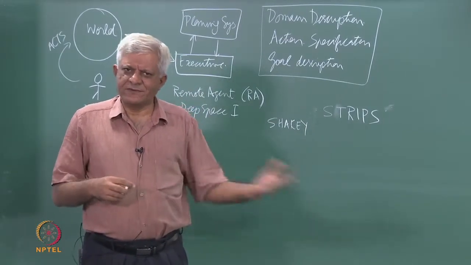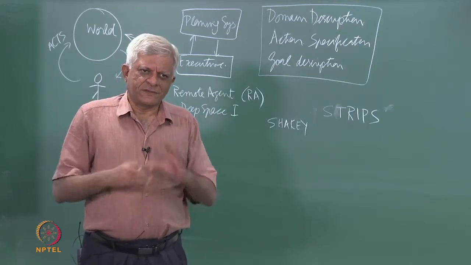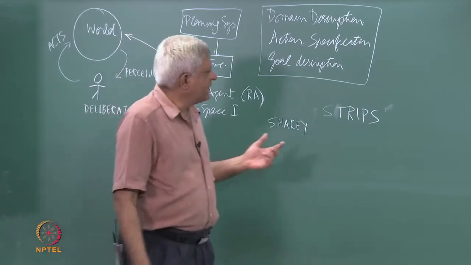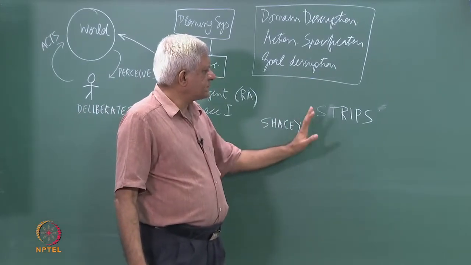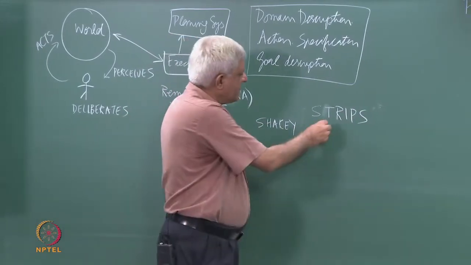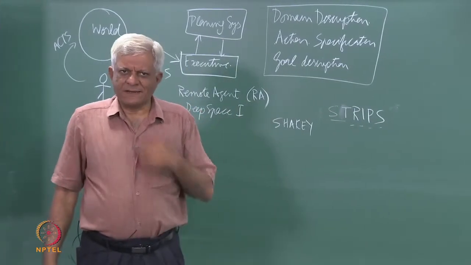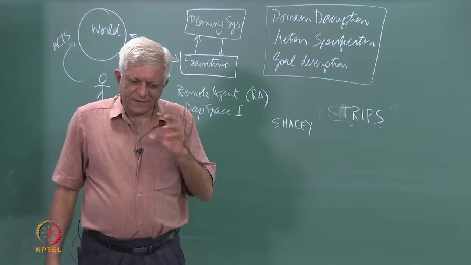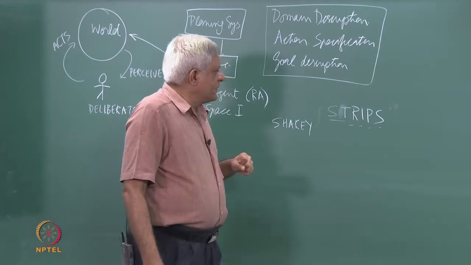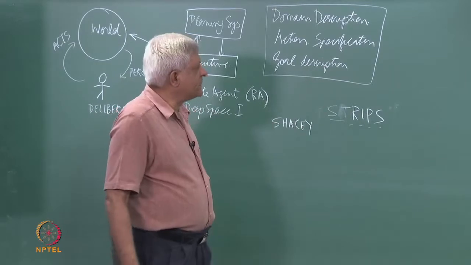So, if you just look up Shakey, you will see some photographs, and I had shown the photograph during my introduction as well. Of course, it could not do much, it could just roam around the place, and the planner that they used was called STRIPS, and STRIPS, some people say, stands for Stanford Research Institute Problem Solver essentially. That was the earliest planner, the earliest kind of language description, the simplest kind of language description that you can use for planning. And we will look at this language to start with essentially.